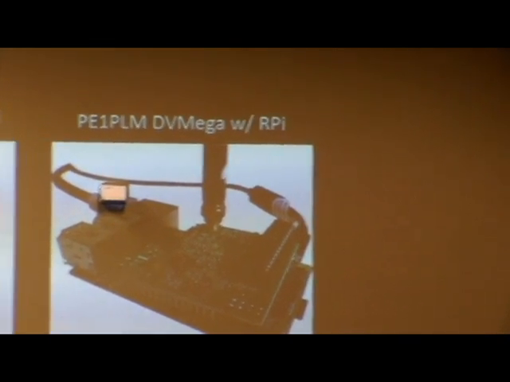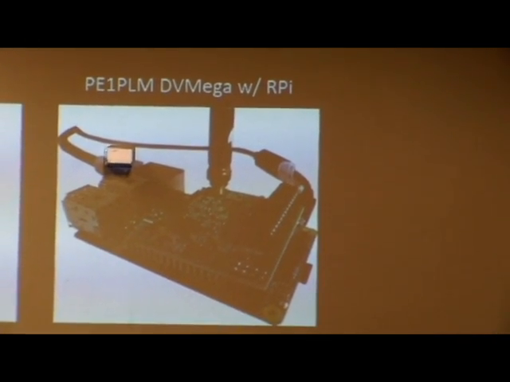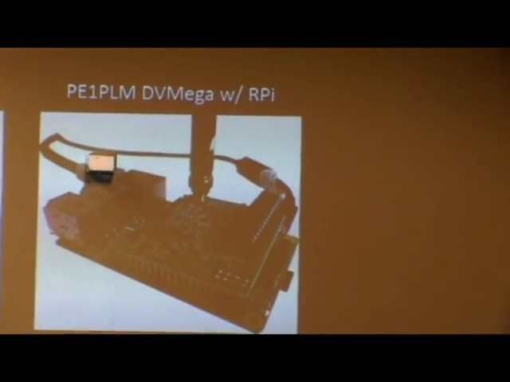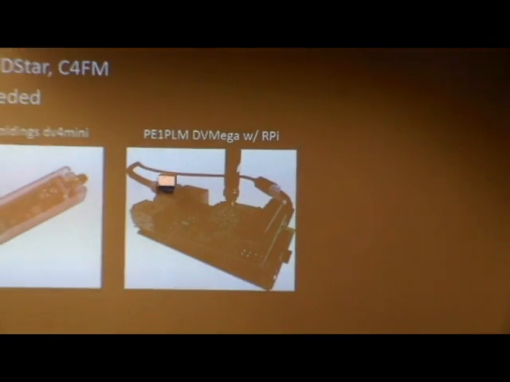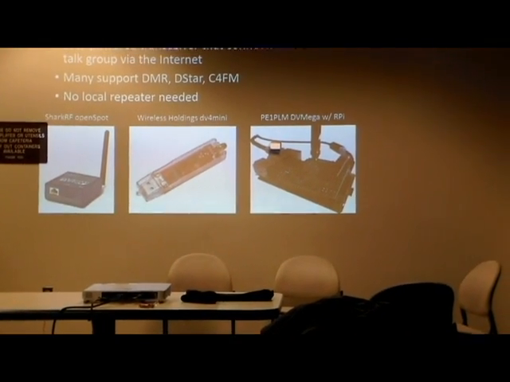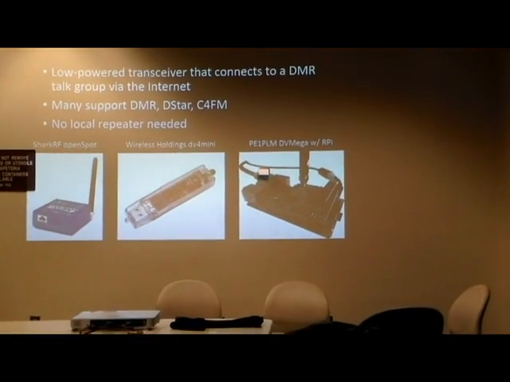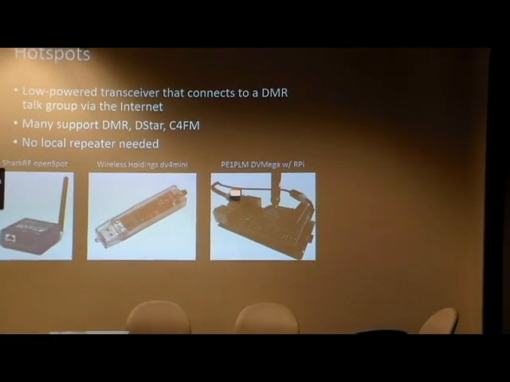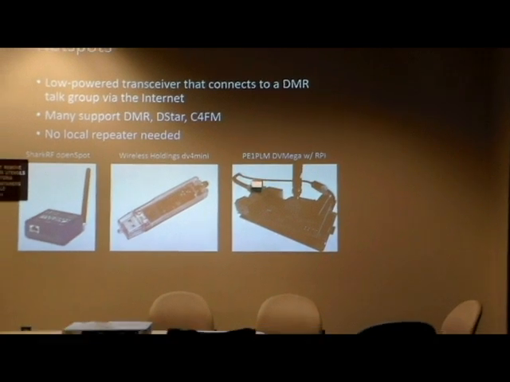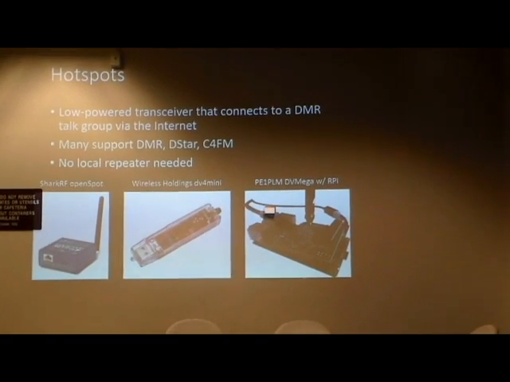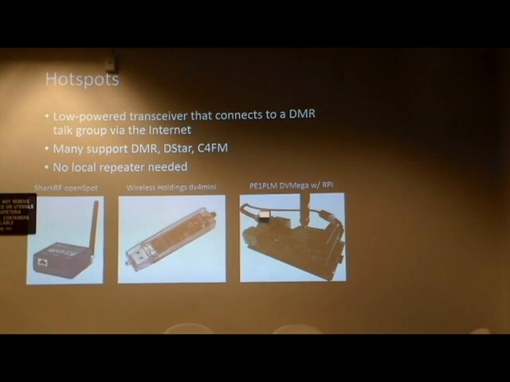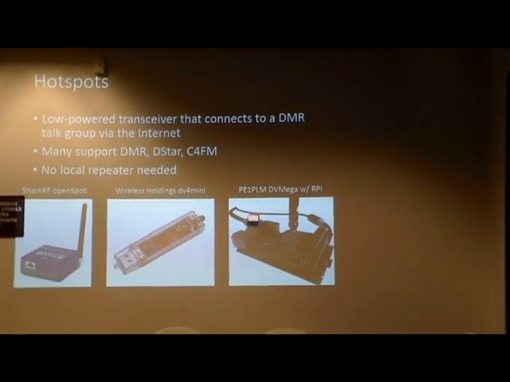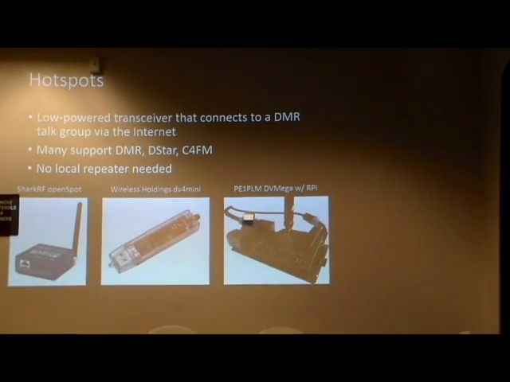So if you're in an area where you have no coverage whatsoever and no residential internet connection, you can tether it to your phone and still talk over DMR. That one is used a lot by the Maryland D-Star group; I think they have their own image for it specifically for D-Star. But all three of these will do all three protocols. Pretty much all of them are just taking those packets, chunking them up, throwing them out to the internet, and vice versa.